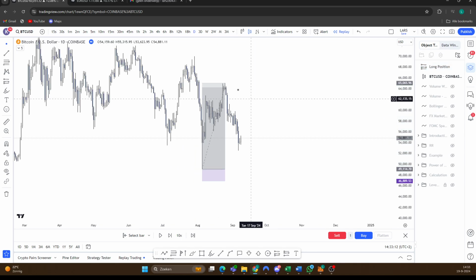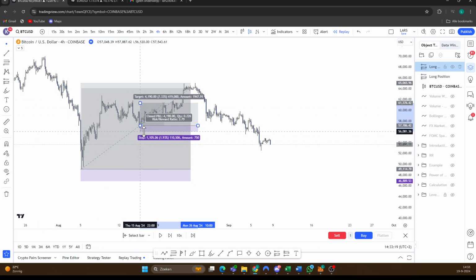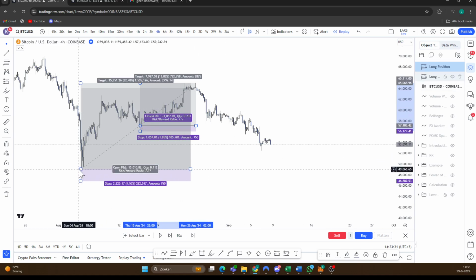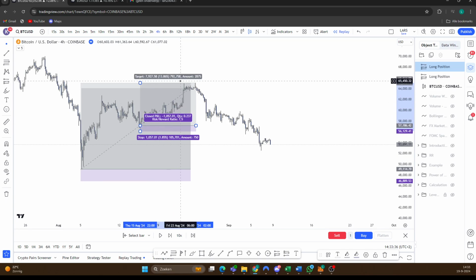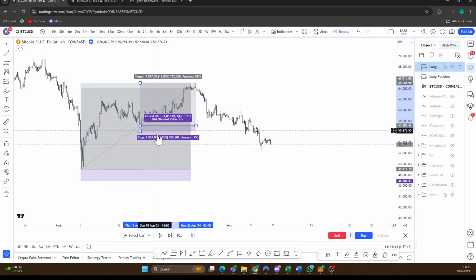Now, trader B, for example, could have caught a low time frame entry right here, put a stop loss below that wick, and target the exact same point. And as you can see, trader B, who ended up entering way higher, catching less of a percentage move on Bitcoin, has a higher risk to reward ratio than trader A, because his invalidation, his stop loss size, is smaller.